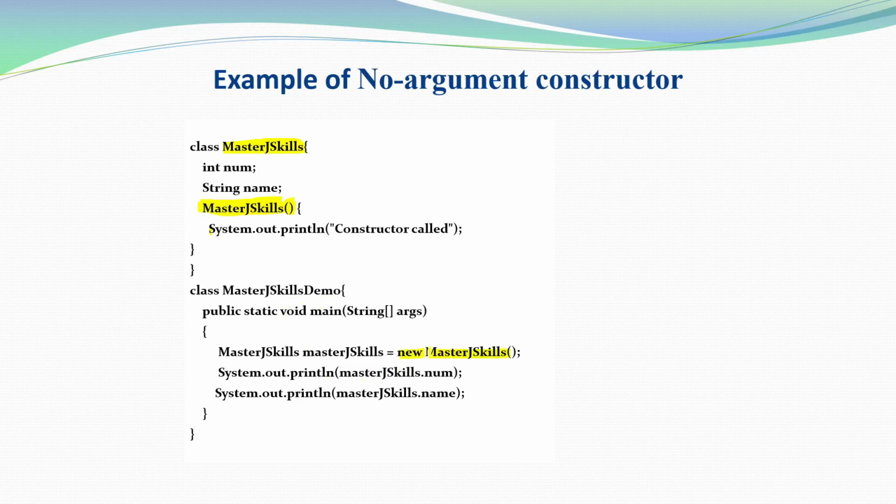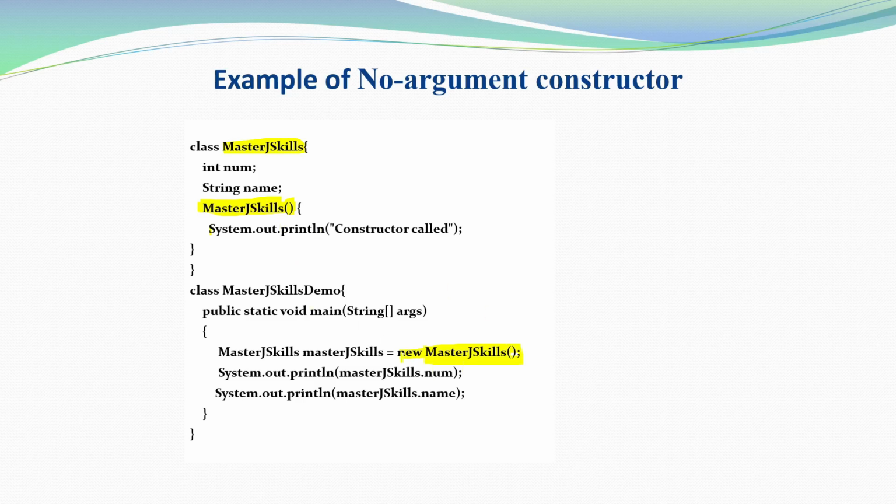You can see this is a constructor call. Whenever we call some methods, like println with open and close braces, it is called with the help of some object, but the constructor we call with the help of the new keyword.